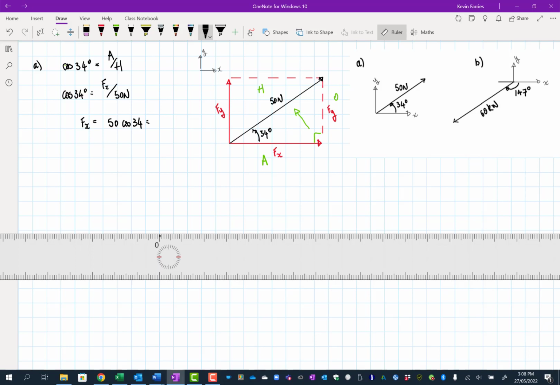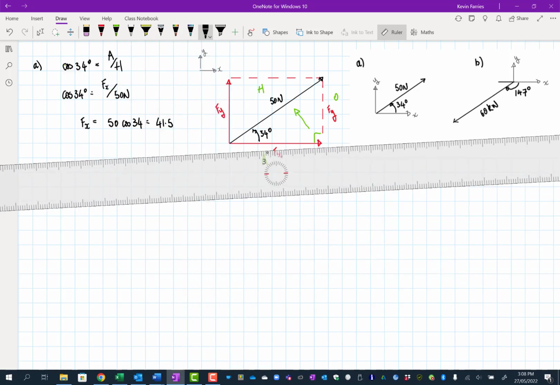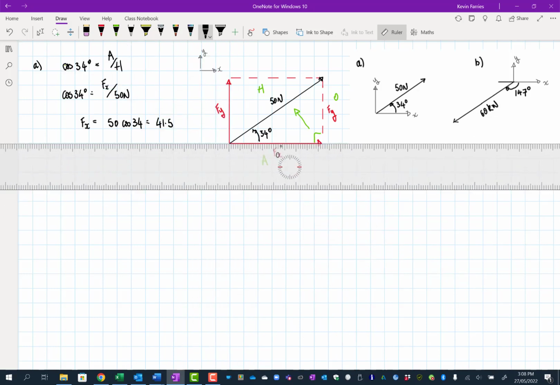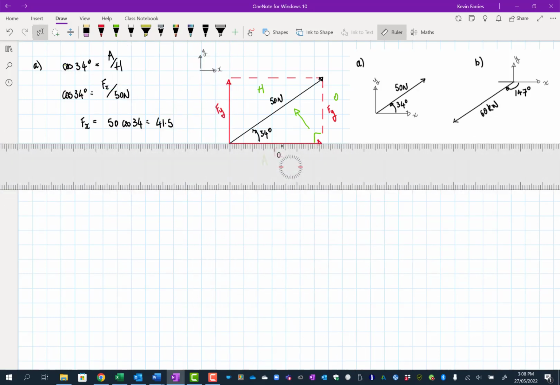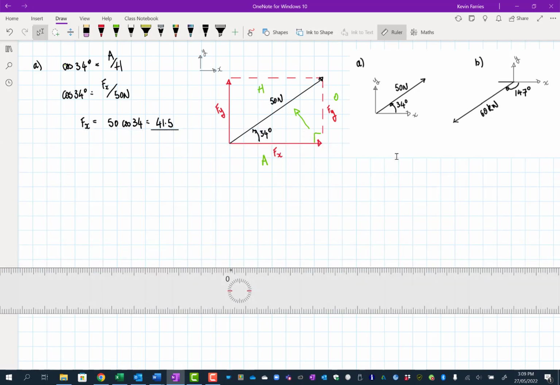And then if you put that into your calculator, you'll find that Fx is going to be 41.5 newtons. Let's just check quickly to see if that looks about right. So we've got 10, 20, 30, 40. It looks about right. So just to show that I've checked that number so I don't go and check it again, I'll just give it one underline.